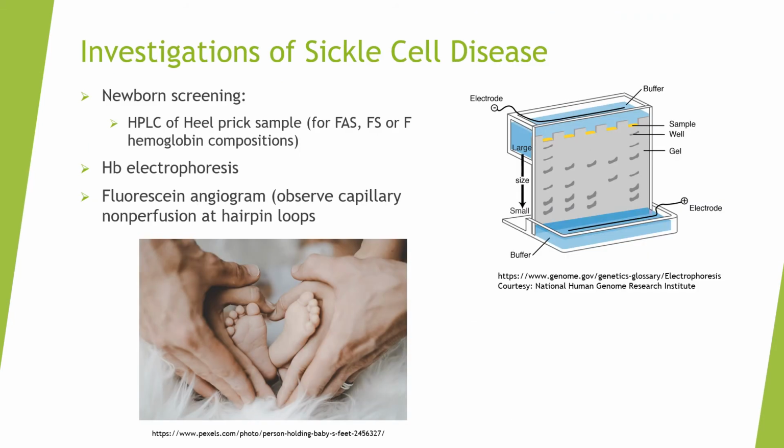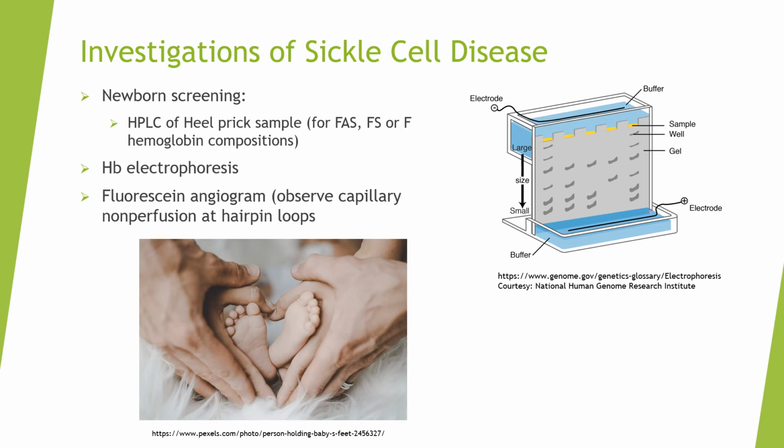For investigations of sickle cell disease, newborn screening for sickle cell would be an effective way to identify individuals with the disease and to initiate early treatment. This is done by taking a heel prick sample and running an HPLC with it.